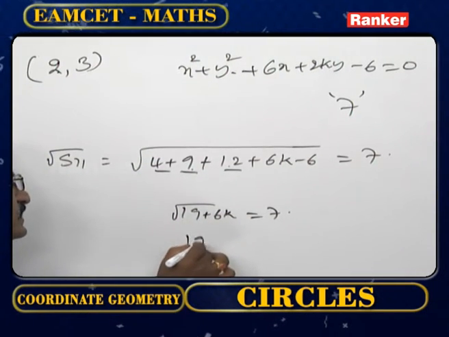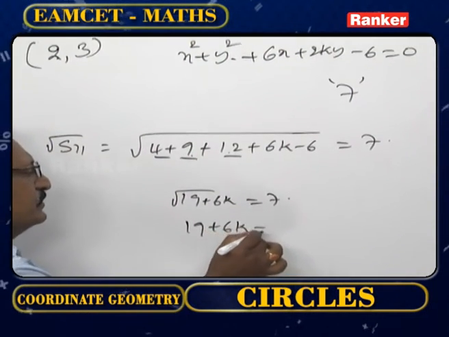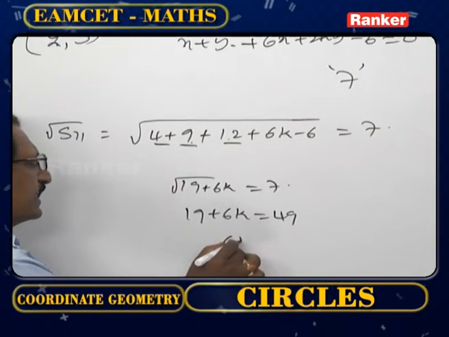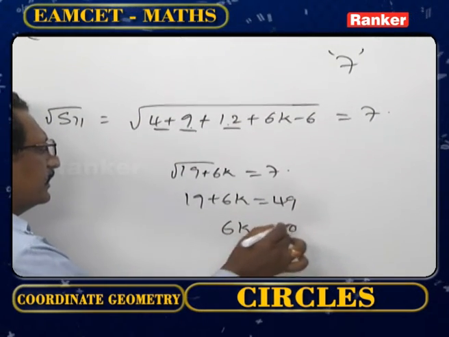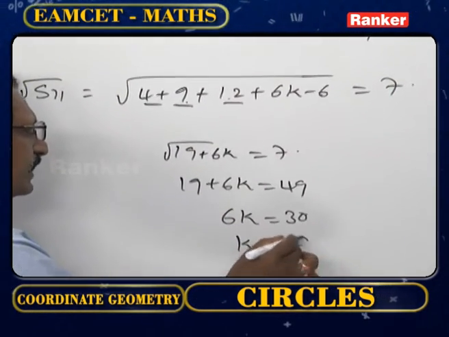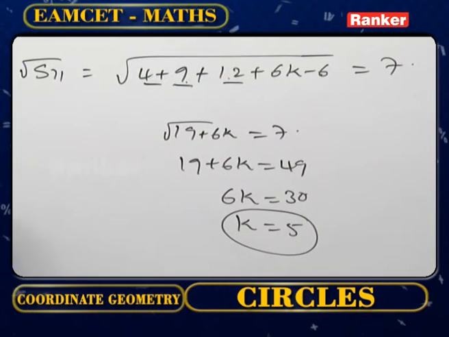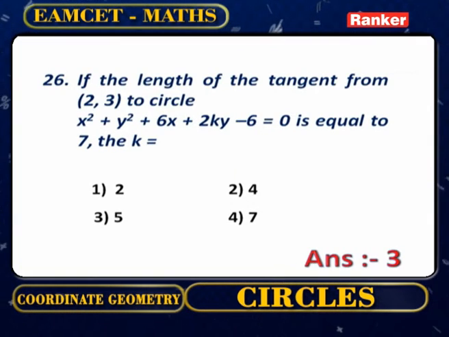Squaring on both sides, 19 plus 6k equals 49, 6k equals 30, then k equals 5. The value of k equals 5, so the third option is correct.